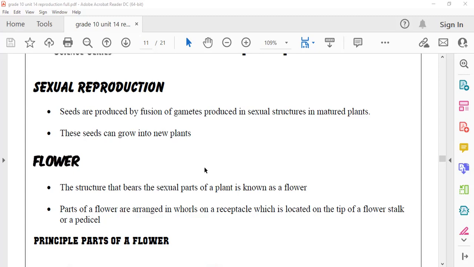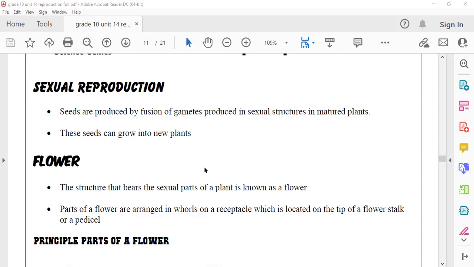When that happens in the plant's life, the plant performs sexual reproduction. Like in humans, like in animals, gametes are produced only in mature plants. Animals also have a status called maturity.